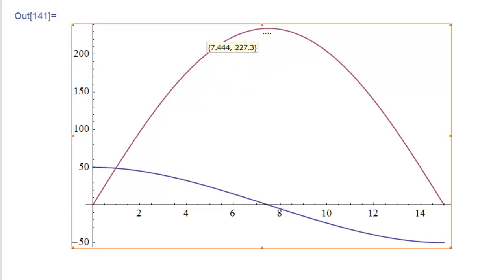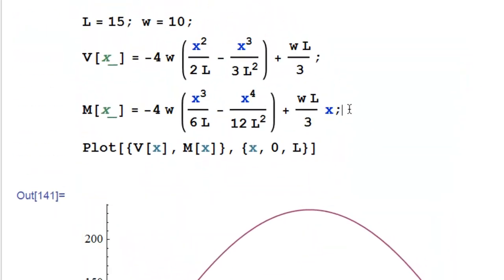Remember, the maximum value of the moment was 234.4, and it was at 7.5. So let's go at 7.5 somehow. So basically this is the graph, and now let's try to check our answers.